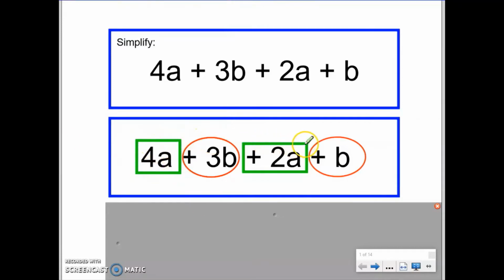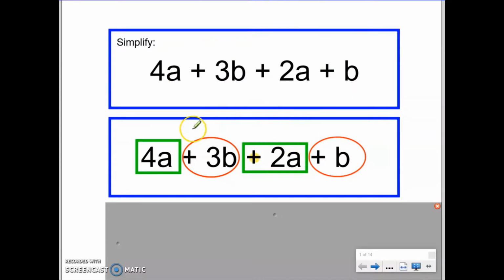The reason that the boxes and these circles are helpful is because you'll notice they include the sign in front of the term. So this plus, this positive sign in front of the 2a is included within the 2a box. So this becomes quite important when we look at harder simplifying, which includes negatives in further examples.